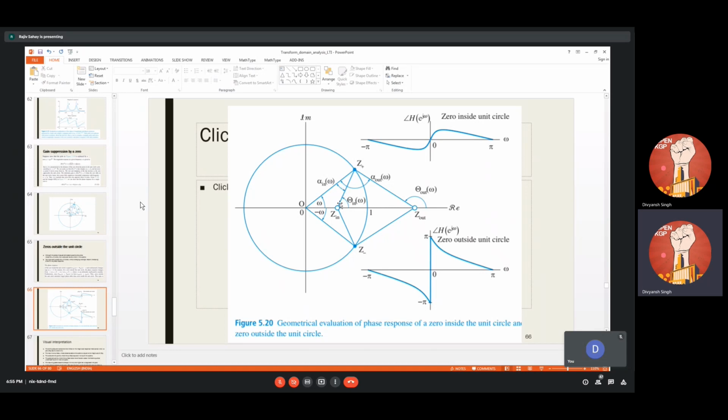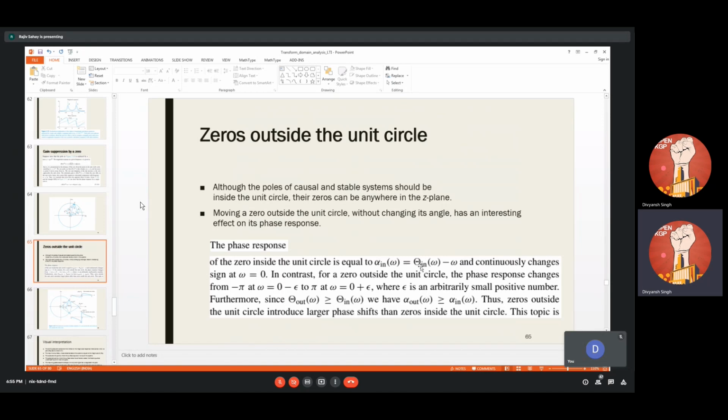Correct? Look at this triangle. So we have alpha_in(omega) equal to theta_in(omega) minus omega. So it continuously changes sign at omega equal to 0. It is a continuous variable of omega, and it will change sign at omega equal to 0.